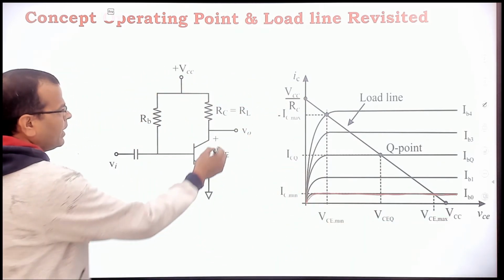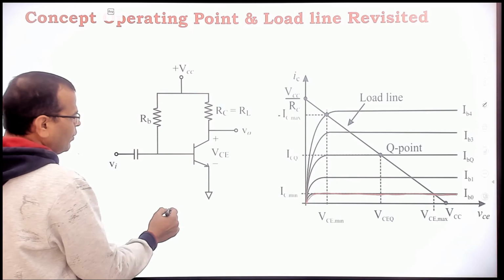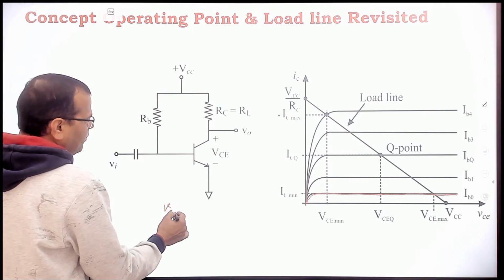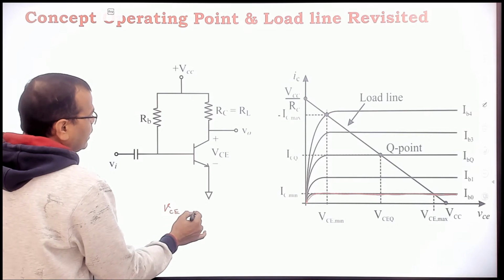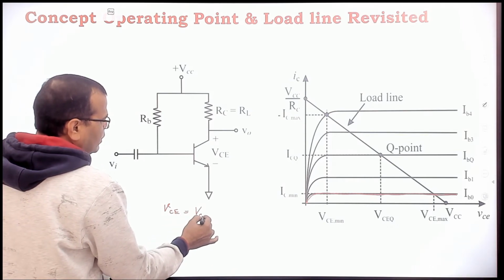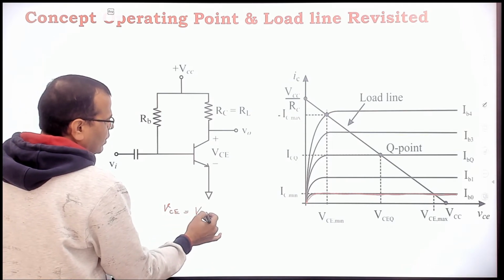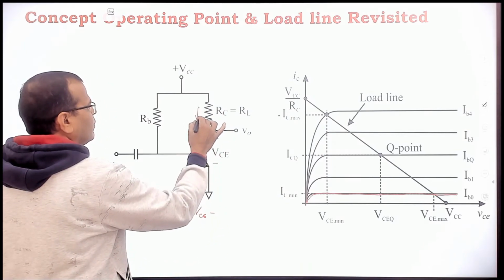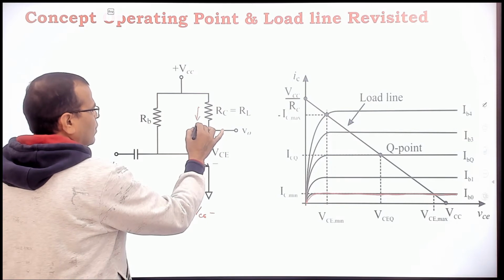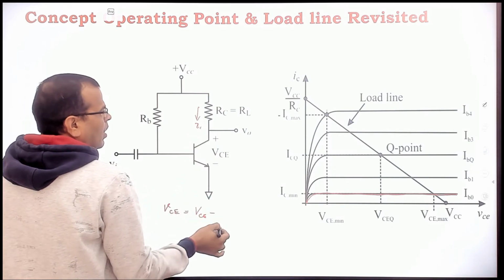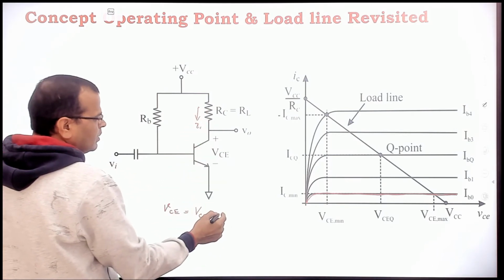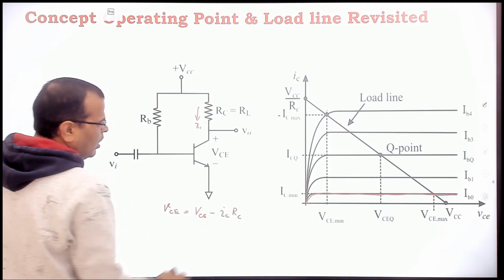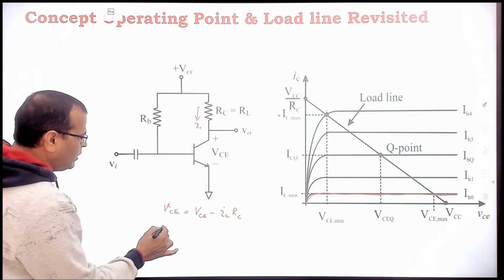Now, if you write the expression of voltage VCE or V naught here, what is voltage VCE? Voltage VCE here is nothing but voltage VCC minus, I have the current IC, suppose, so I am taking small letters, that is IC into RC. So what will be current IC here?